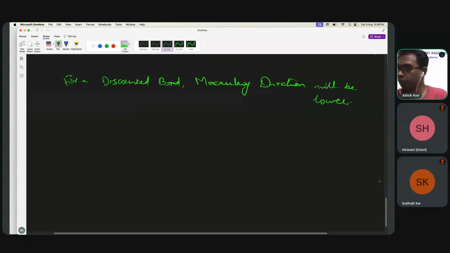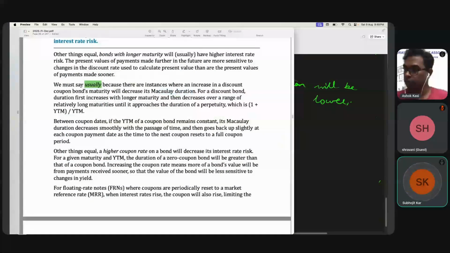Can you understand why? Because you are buying at a lower rate. You have paid less, so it will be easier to get back the money quickly. It's a coupon bond also, so you are getting coupon and also you bought it at the lower rate. So this is what this line means. Is it okay now? Yes. Okay. So don't focus on the word maturity, focus on the word discount.